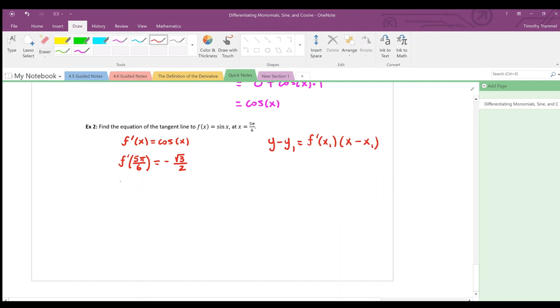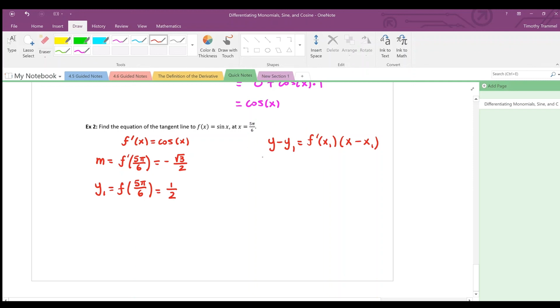So this is f of 5 pi over 6, which is just sine of 5 pi over 6, which is 1/2.